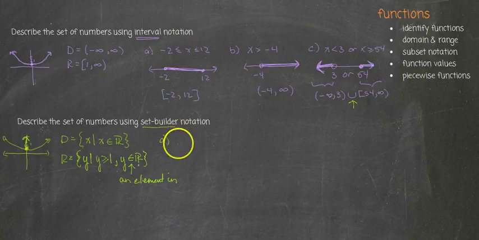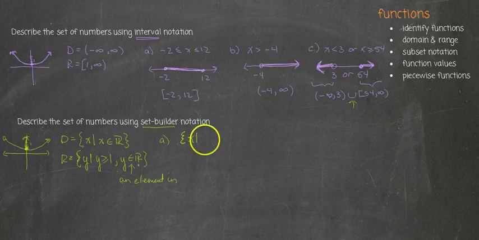So for a, we don't know if this is a domain or a range, so I'm just going to say that we're talking about the set of x values such that negative 2 is less than or equal to x, which is less than or equal to 12, and x is an element of the real numbers.